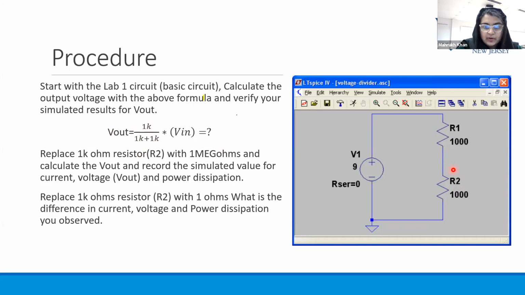Then replace the 1 kilo ohm resistor R2 with a 1 mega ohm resistor and calculate V out again, and record the simulated values for the current, voltage, and power dissipation. You put 1 mega ohm here, calculate the value using the voltage divider rule, and find the simulated values of current and power dissipation.